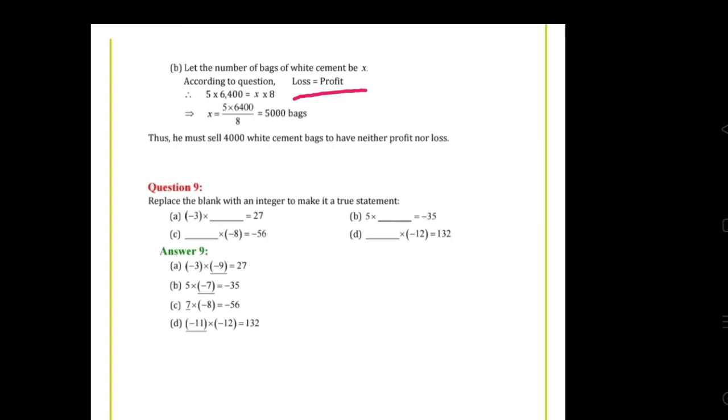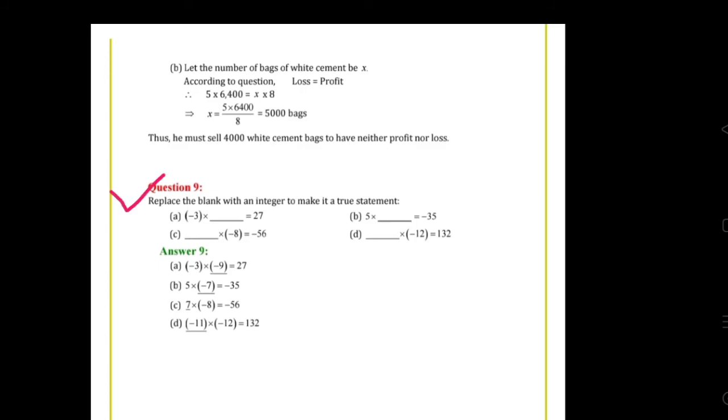So 5 × 6400 equals x × 8. Now x equals 5 × 6400 divided by 8, so it becomes 4000 bags. Thus he must sell 4000 white cement bags to have neither profit nor loss.